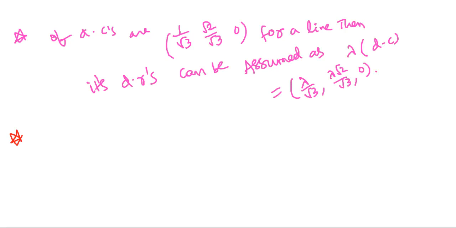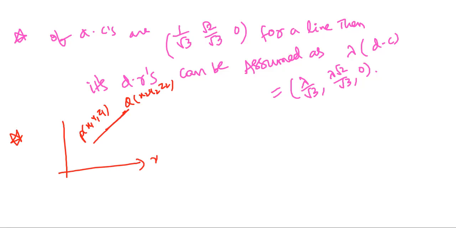Another thing that came to my mind: earlier we discussed the projection of points P1 (x1, y1, z1) and P2 (x2, y2, z2), the projection of PQ on the x-axis, y-axis and z-axis. This is what we have discussed: x2 minus x1, y2 minus y1, z2 minus z1.